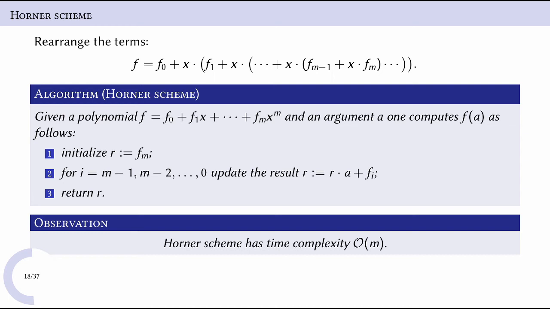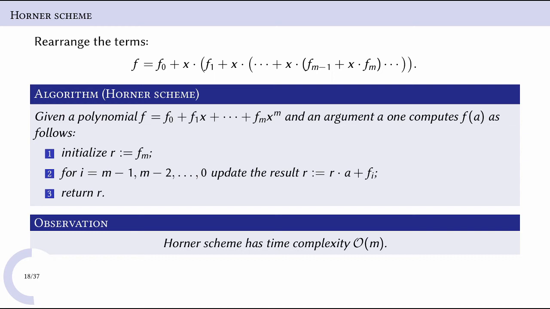So if we rearrange the terms this way, this is, as I said, called Horner scheme, then the evaluation of a polynomial is as follows. We start with the result. We initialize the result to be the leading coefficient fm, and now we step down with the index from the highest to the lowest. Every time we multiply the result which we had so far by a and add the successive coefficient.